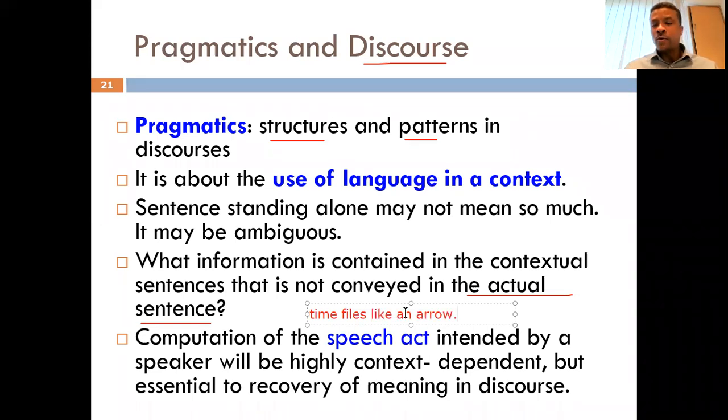Time flies like an arrow. Does it mean time has a physical representation? It's not. So it is only pragmatics that helps you to understand the information beyond this sentence. Mind you, this sentence is not a mere definition of the words, right?